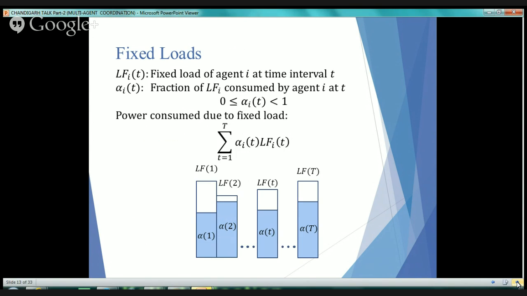On the other hand, another class of loads we call shiftable loads. Shiftable loads are like an electric vehicle, and nowadays electric vehicles are going to be sold. So you need to charge the electric vehicle. That's a shiftable load. You can schedule it for either time interval 1 or time interval 2 or time interval 3. So it's shiftable.